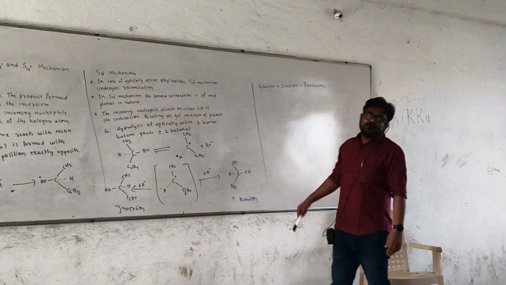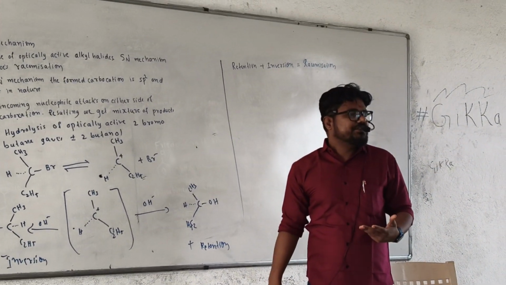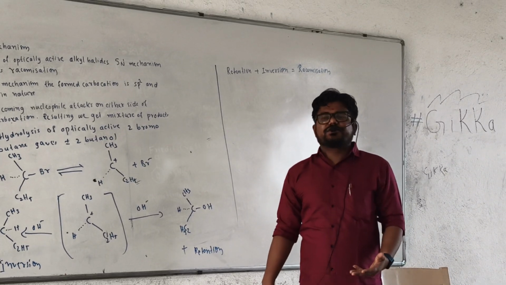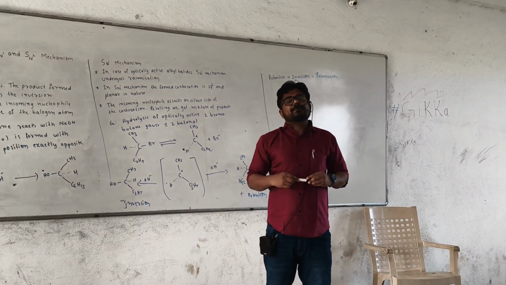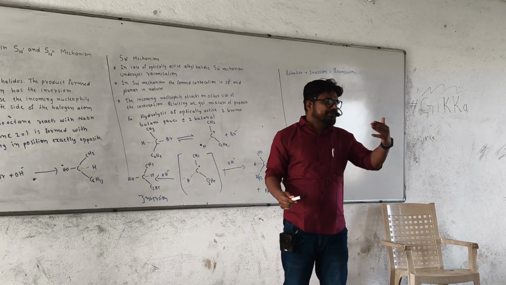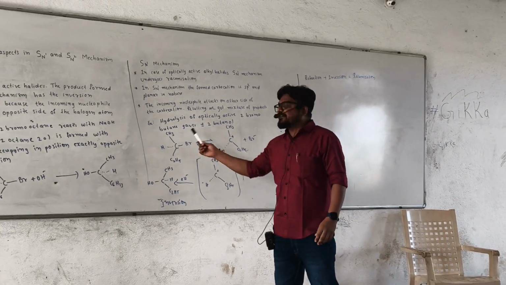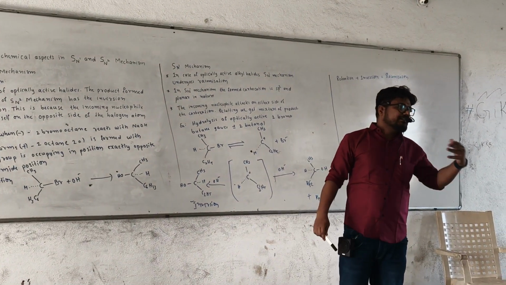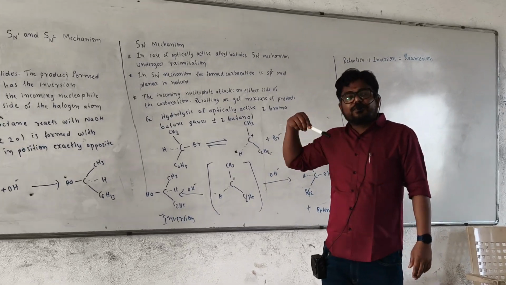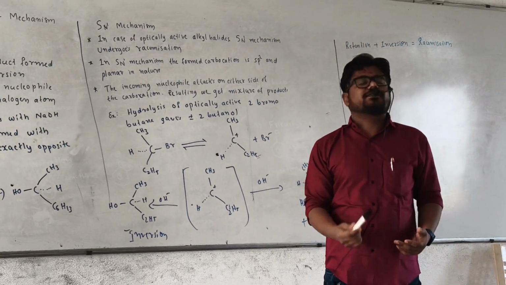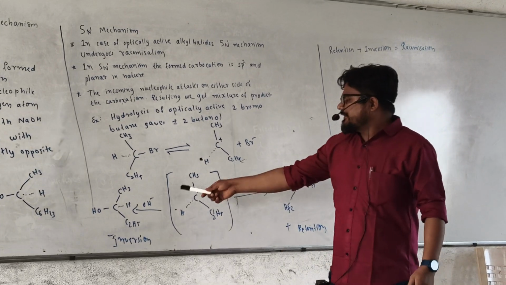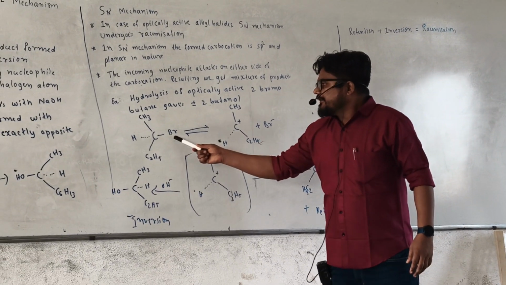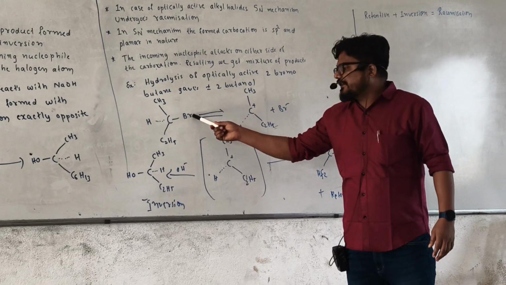Retention plus inversion gives rise to racemization. What is meant by retention? If the incoming nucleophile attacks at the same position as the halogen, that is retention. If the incoming nucleophile attacks at the opposite side of the halogen, that is inversion, because the halogen is turned to this side.